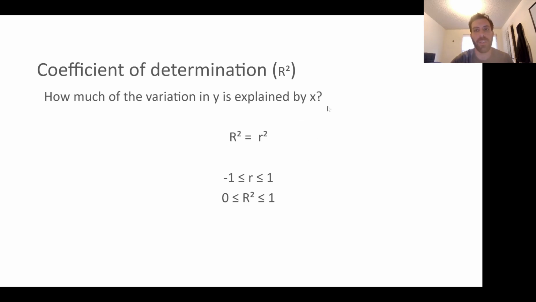I didn't mention this last class, but I want you to be aware. It's often given as a percentage, but you can write it as a decimal. The idea behind capital R squared, I want to be clear, is the amount of variation in y that is explained by your independent variable x. That's the interpretation behind R squared.